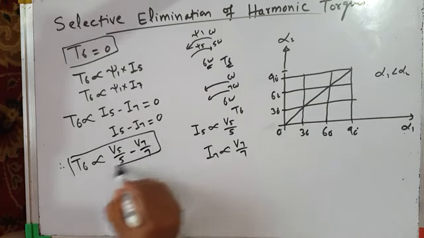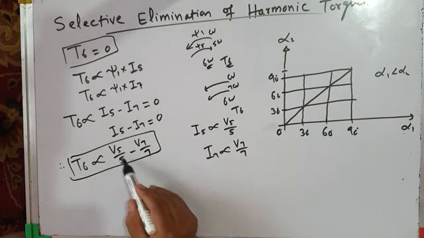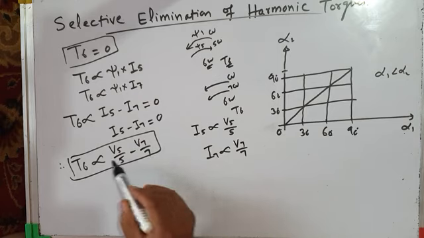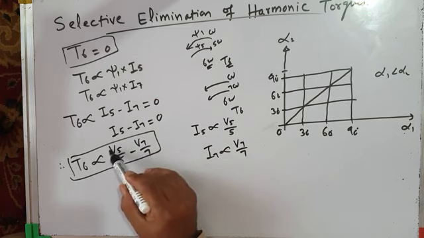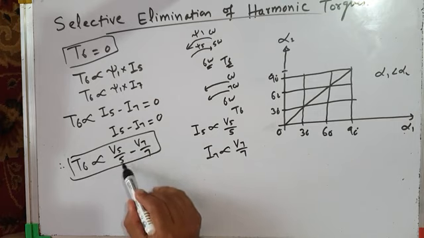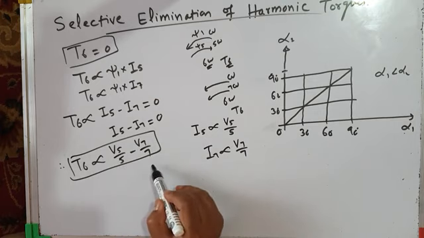So this equation tells us that if we make the difference between these two voltages, V5 by 5 minus V7 by 7, equal to 0, we choose V5 and V7, that is fifth harmonic voltage and seventh harmonic voltage, in such a way that V5 by 5 minus V7 by 7 is equal to 0.